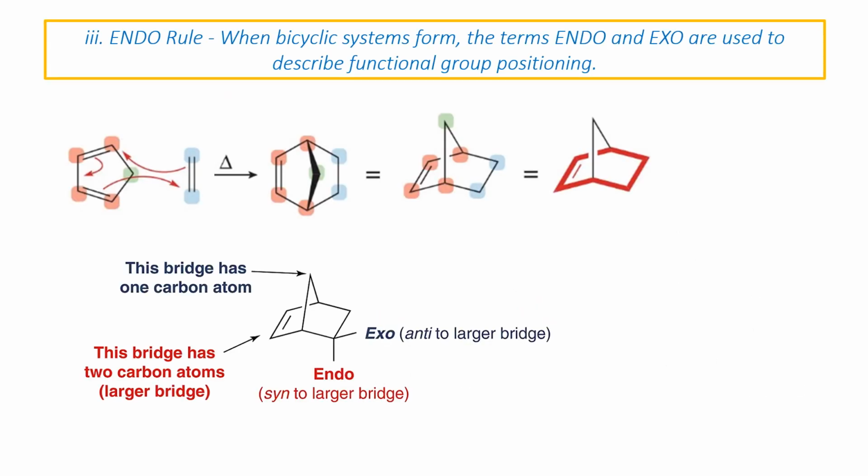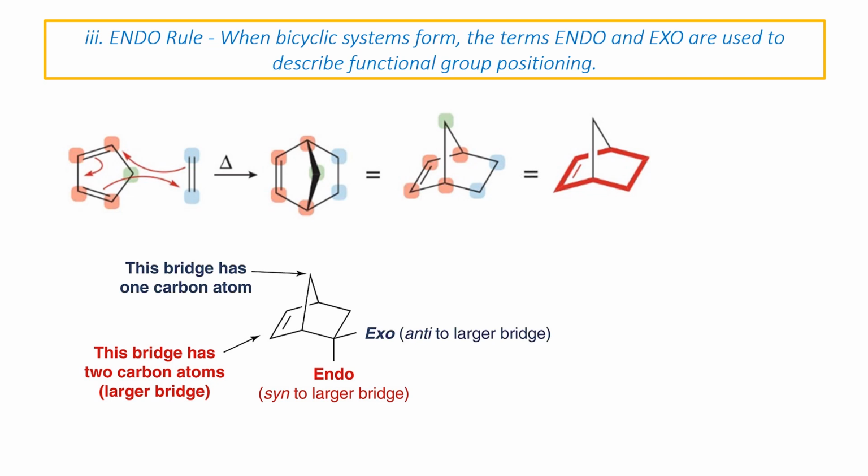We're looking at a cyclic diene reacting with a dienophile. We have to consider what relationship the groups, especially the electron-withdrawing groups on the dienophile, have on this species' bridgehead.